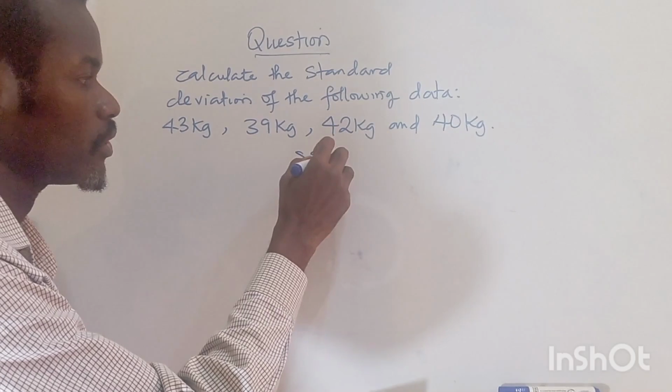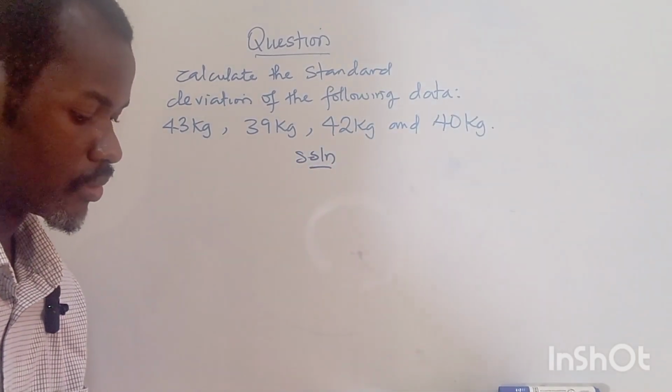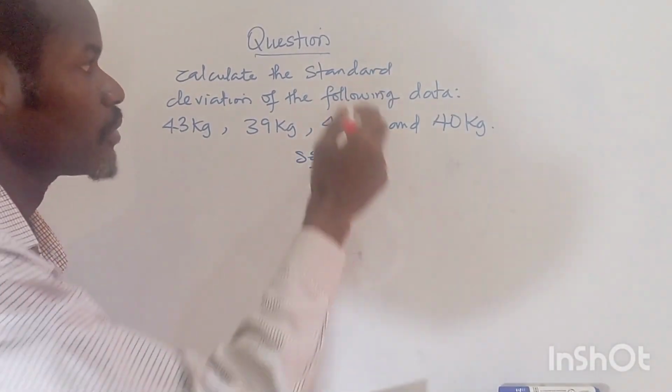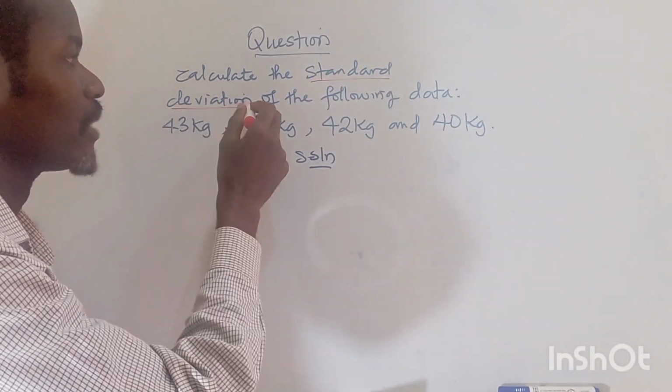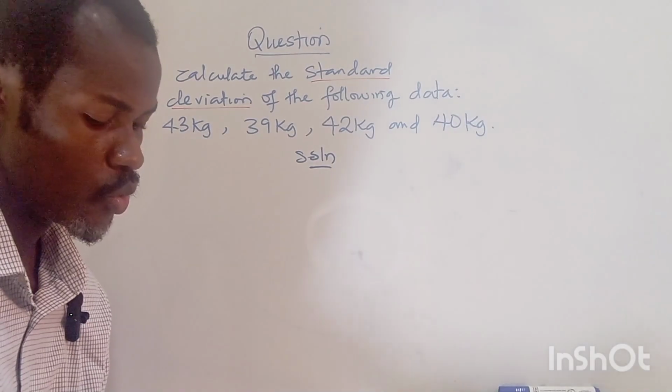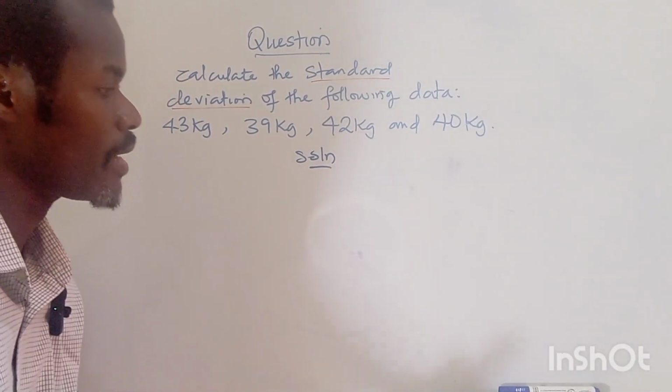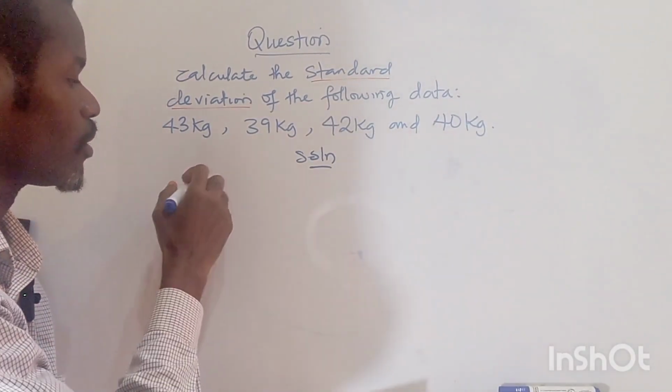So our solution to this problem is, we can form a table. Remember, we're finding the standard deviation. We can tabulate it, but this time I'm just simply going to show the formula.